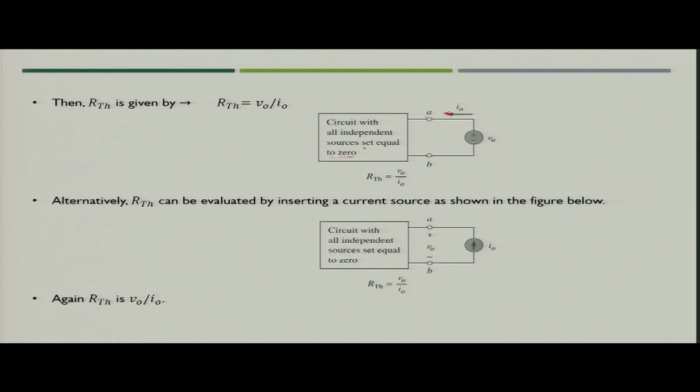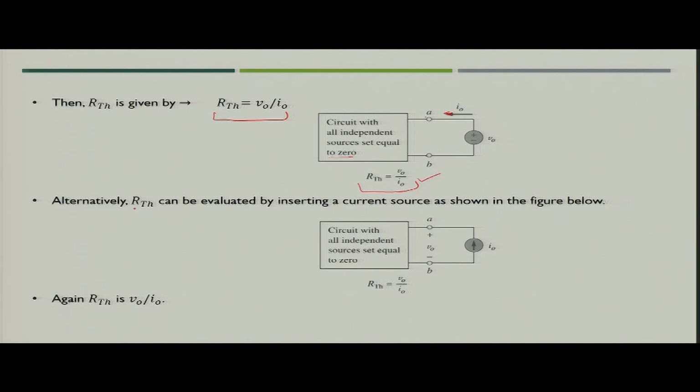In that case, if you solve this circuit with the help of either Kirchhoff voltage law or Kirchhoff current law, you will be able to find the value of Thevenin resistance, which would be nothing but V naught divided by I naught. So, when you have a dependent source in the circuit which you cannot remove, you will first remove all the independent sources and then apply voltage V naught and measure the current I naught, and accordingly you can find the value of Thevenin resistance.